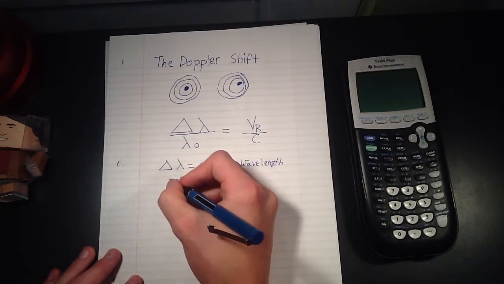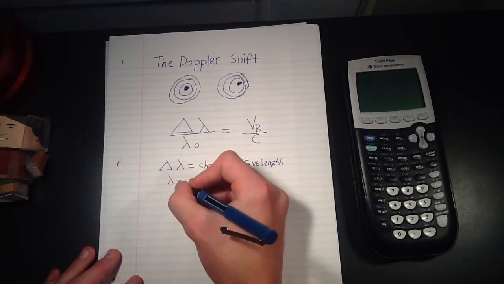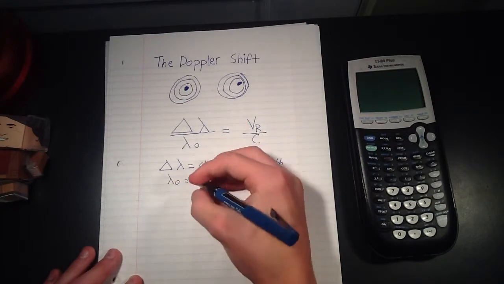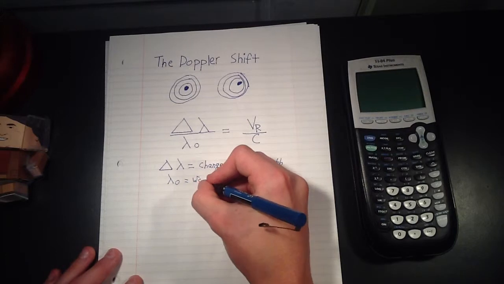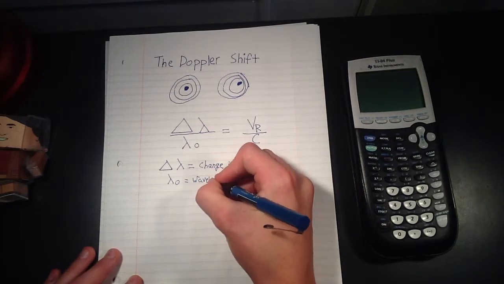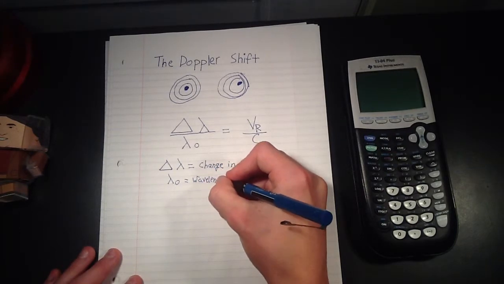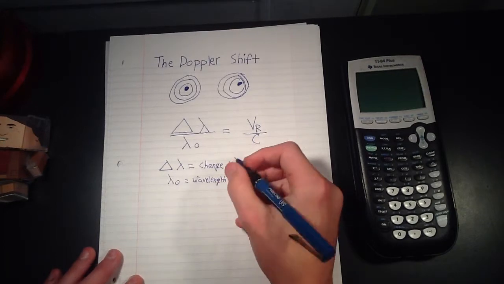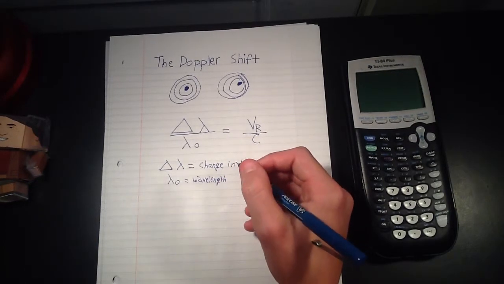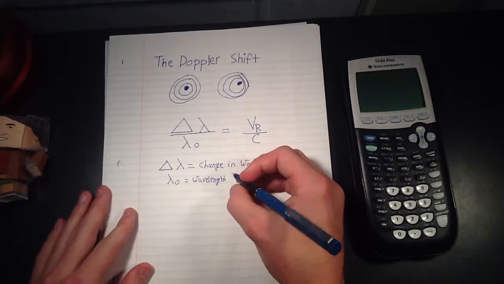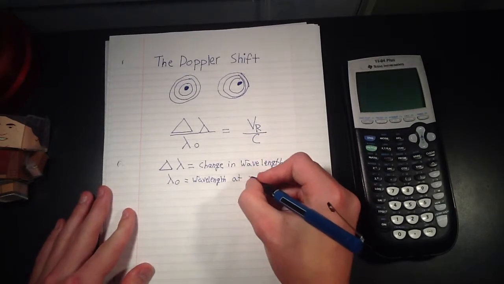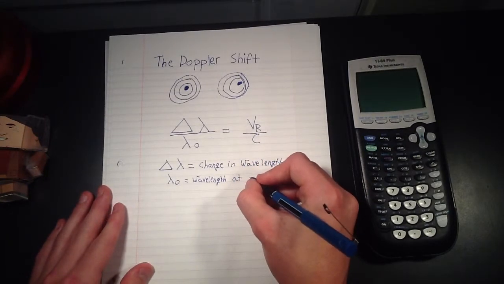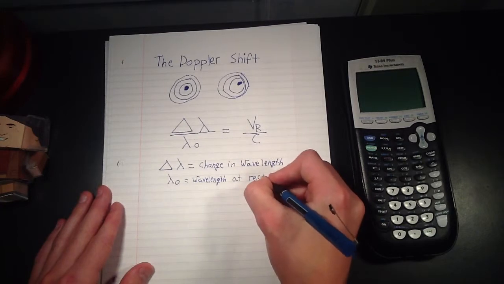Lambda little o is the wavelength when it's just sitting there, at rest. It's still emitting light, but it's just staying there, it's not moving or changing in color as it comes towards or away from you, it's just staying in the same place.